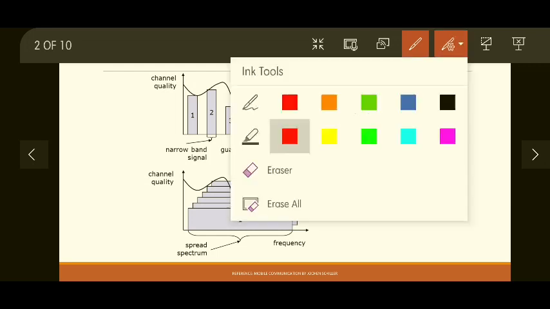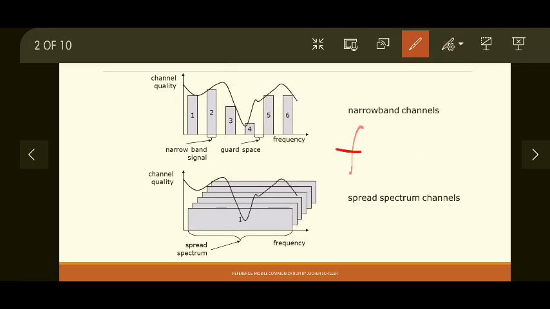As we know, fading is nothing but variation in the attenuation levels of different frequencies. As you can see, channel numbers 1, 2, 3, 4, 5, 6, each channel suffers a different level of attenuation. Now, channel number 4 suffers the most attenuation during the free space.